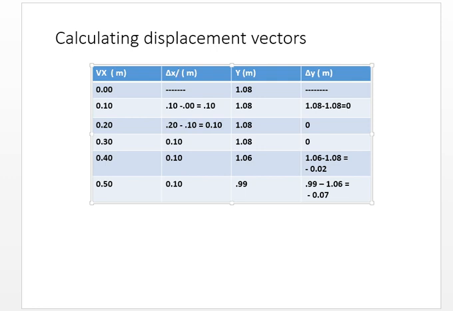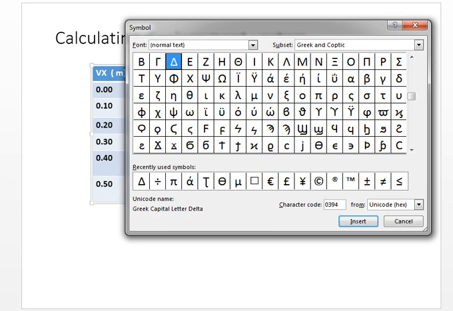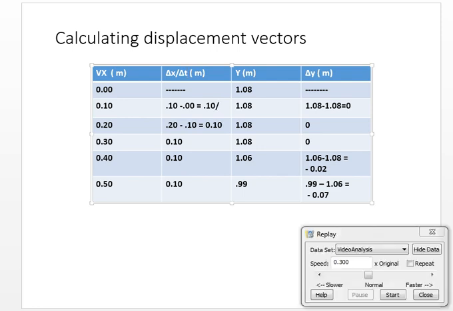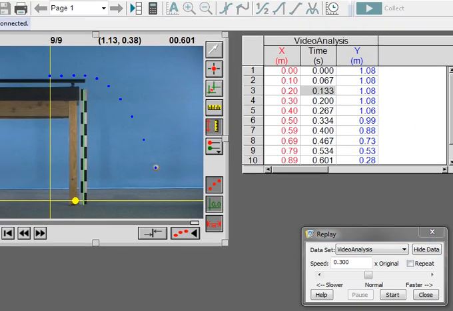So if I do that, let me just type this out for you so you can see it. Delta x over delta time. So this is going to be 0.10 divided by, and if I look at my chart here, it went from 1 to 2, the time difference is 0.067.